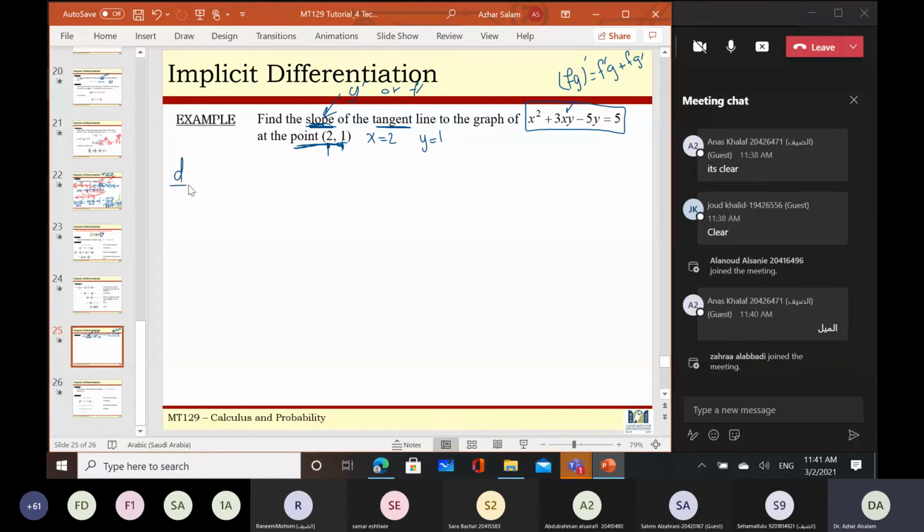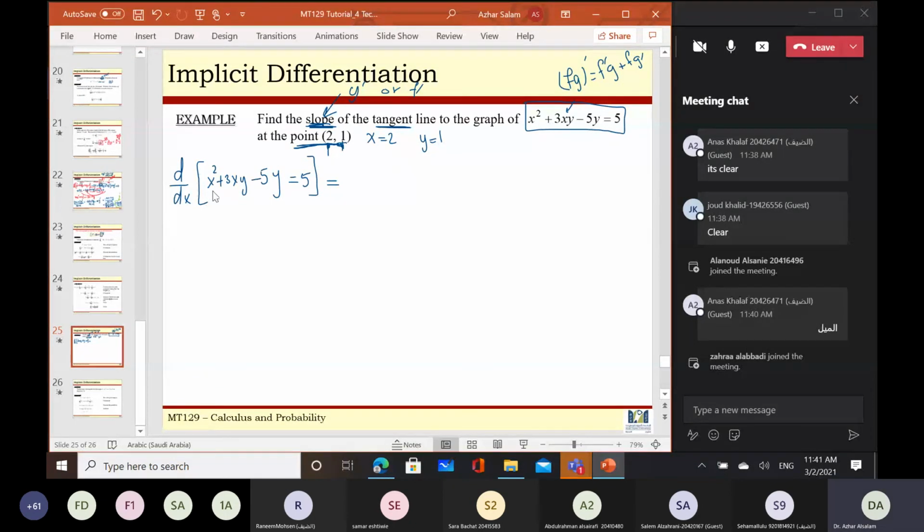So I will find the derivative first: d by dx of 4x squared plus 3xy minus 5y equals 5. I will differentiate this. Equals.